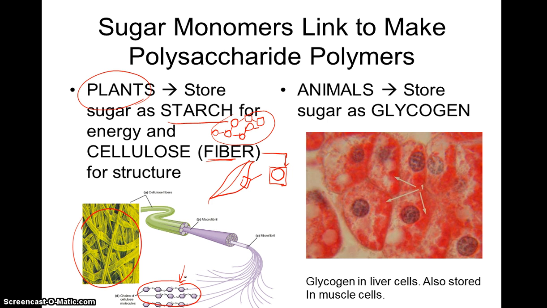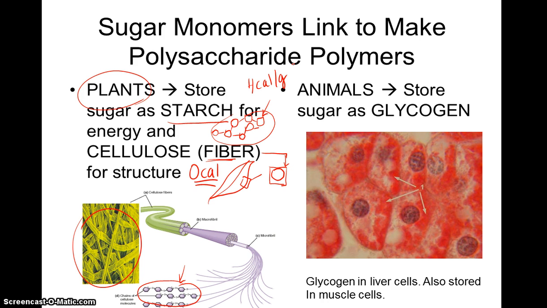We don't have the enzymes to break those down, so fiber actually has 0 calories for us. That's why it's great if you're on a diet to eat really high fiber foods, lots of vegetables, fruits, because it doesn't give you calories. Whereas starch, we can break down. Starch gives us 4 calories for every gram of it.